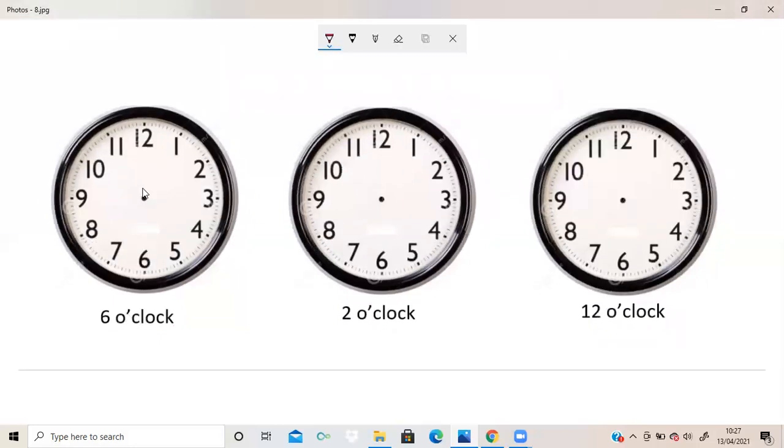So 6 o'clock, minute hand on 12 and hour hand on 6. So at 2 o'clock, minute hand pointing 12, hour hand pointing to 2.